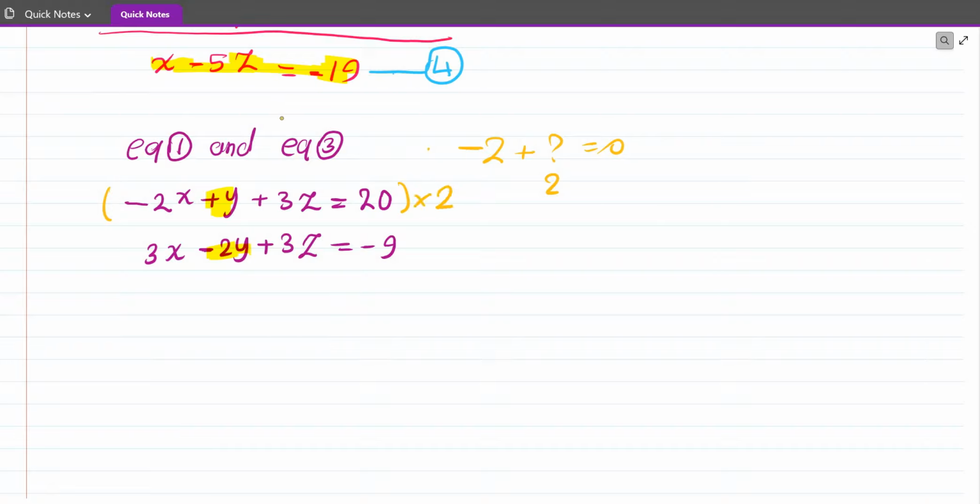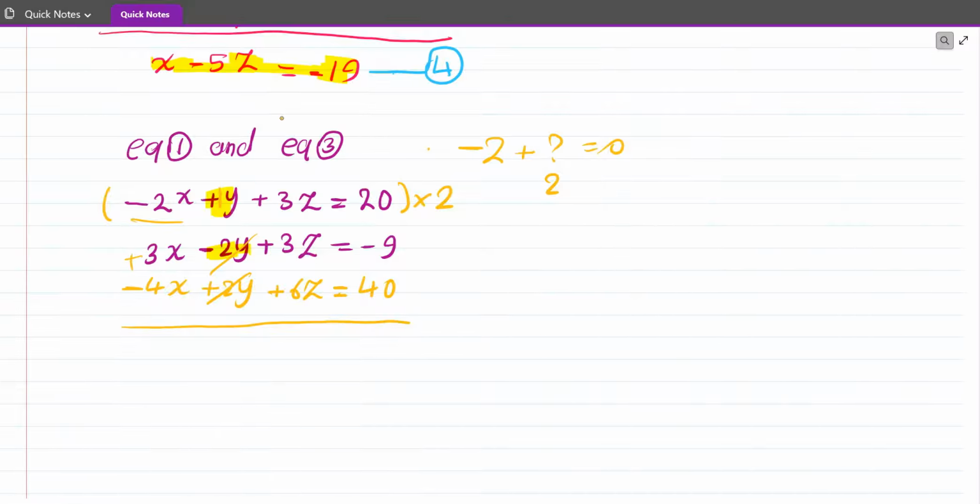So negative 2 in x value times 2 equals negative 4x. Positive 1 here times 2 equals positive 2y. And positive 3 times 2 equals positive 6z. The answer is 20 times 2 equals 40. Okay, now to make equation 5, negative 2 with positive 2, they cancel each other.